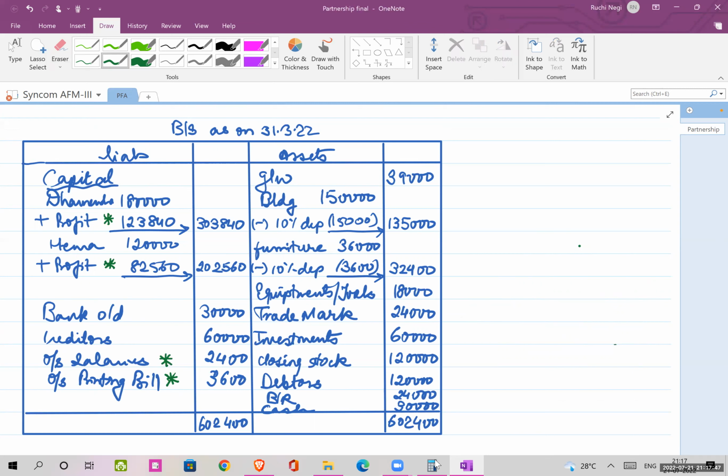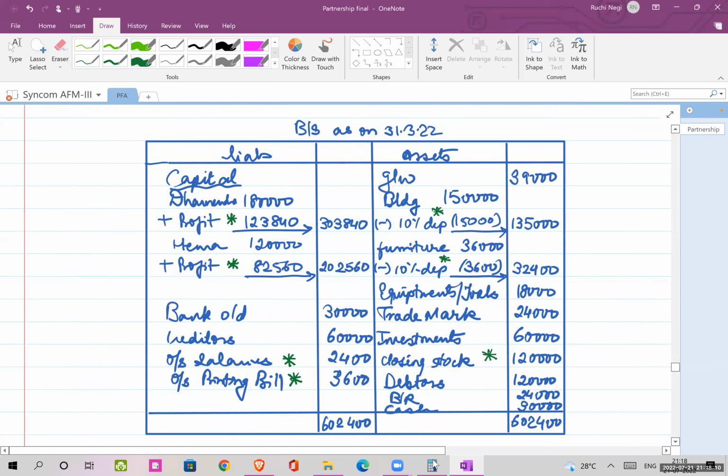Just to highlight, goodwill 1 effect, building's depreciation second effect, furniture's depreciation second effect, equipments and tools, trademark, investments, debtors, bills receivable, cash, 1 effect, and closing stock, second effect, because it was there in the adjustment. Okay. Let's see.